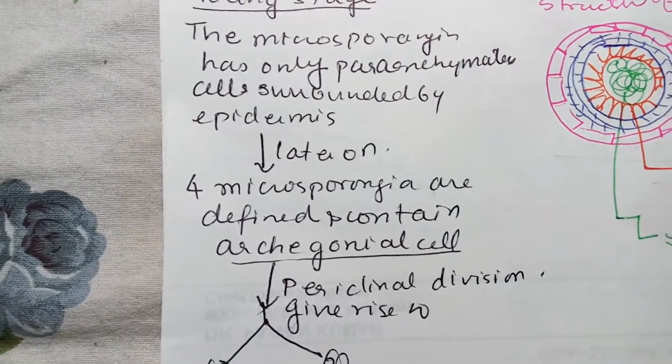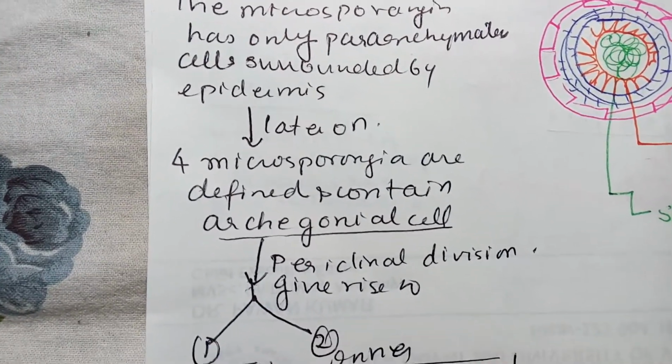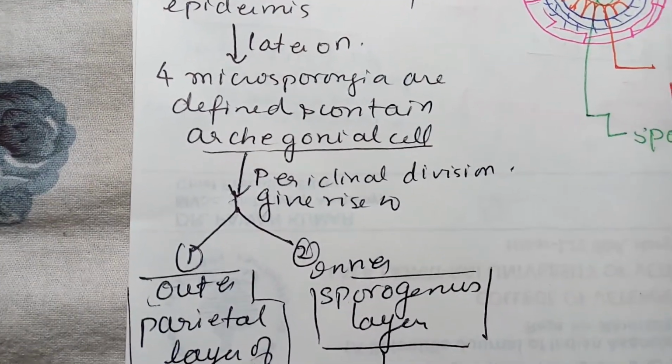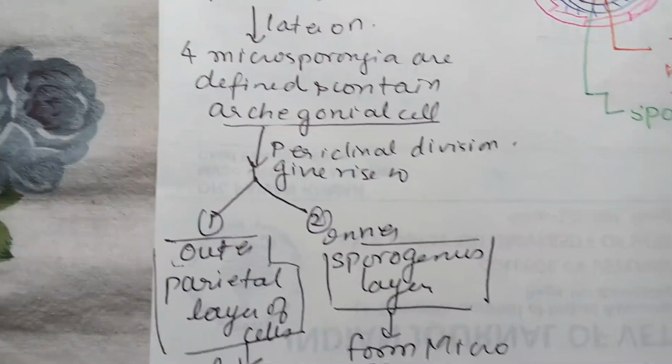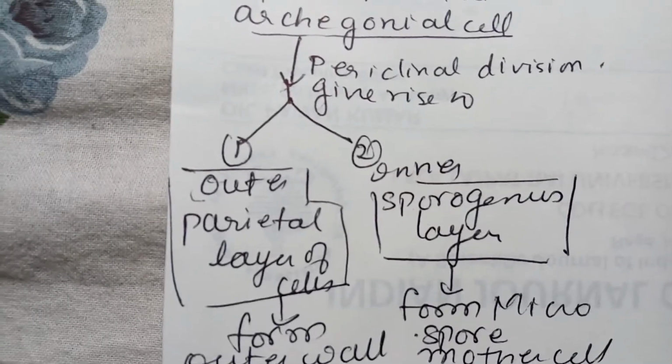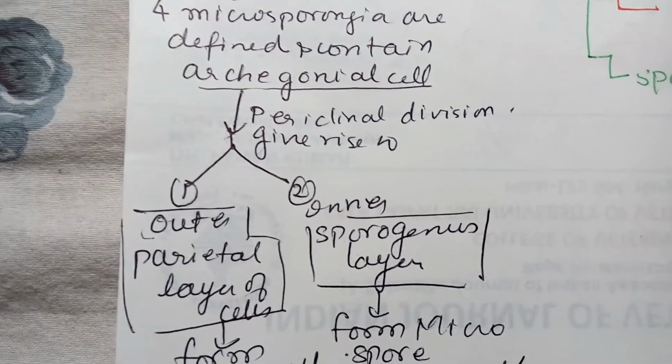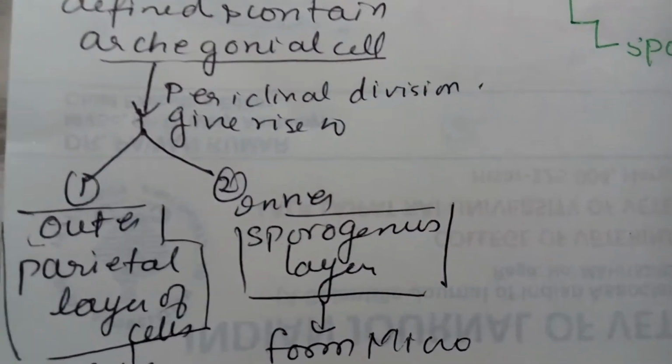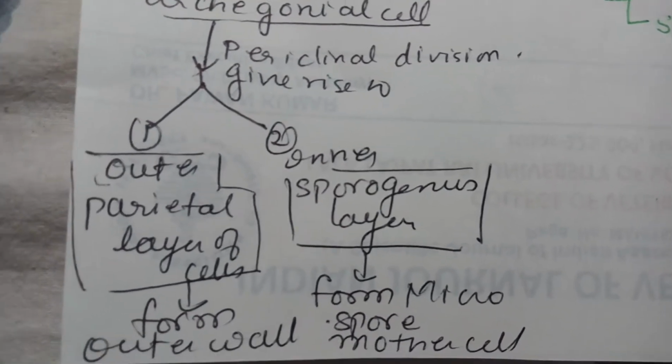Now these archesporial cells divide by periclinal division, and they give rise to two different types of cells. The cells formed toward the outer side are called parietal cells, and the cells formed toward the inner side are called sporogenous cells.